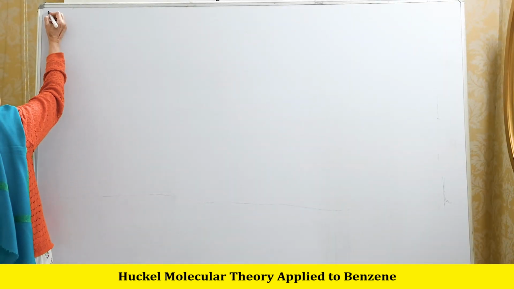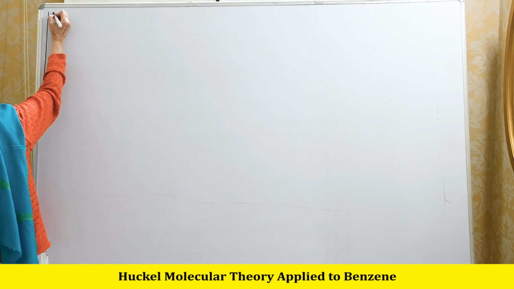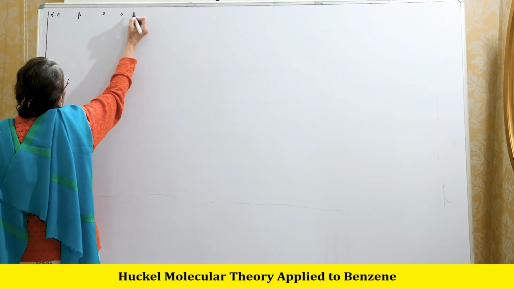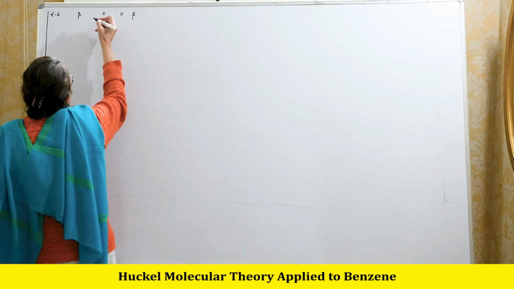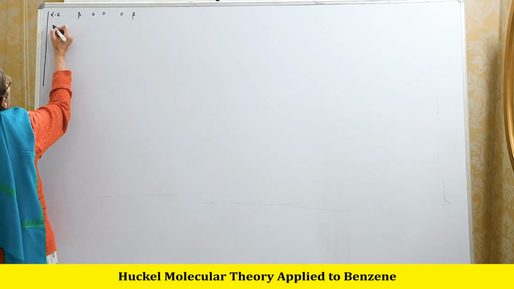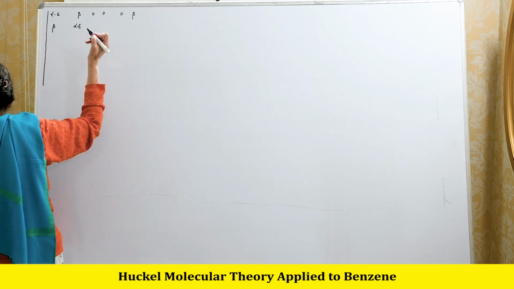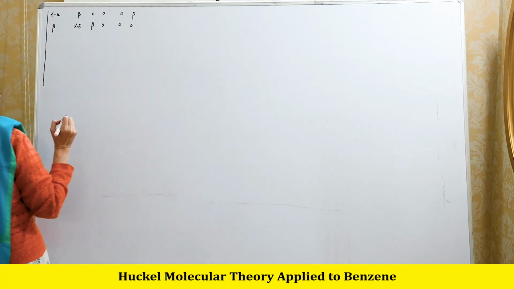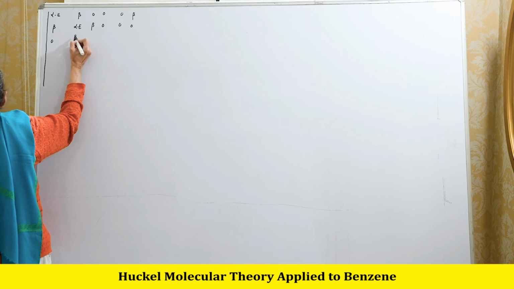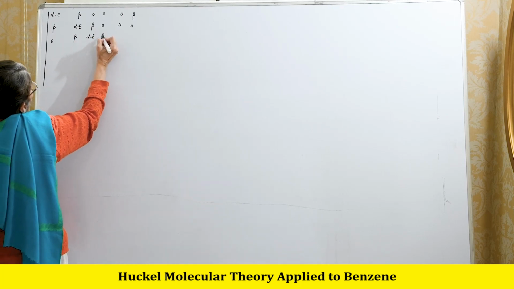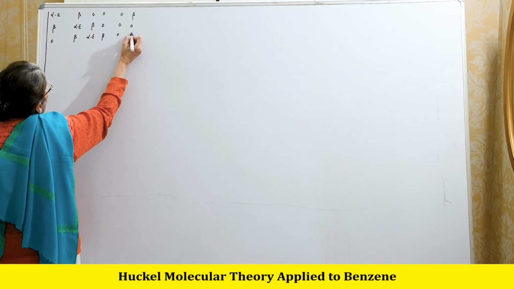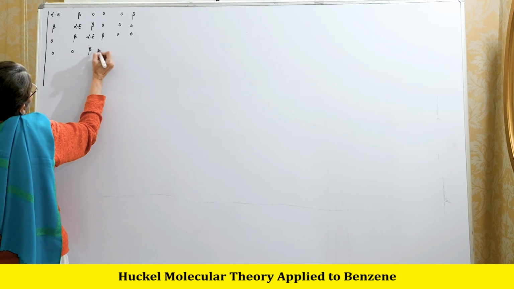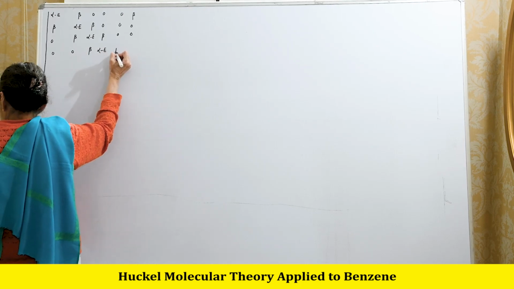So the determinant which we got was: alpha minus E, beta, 0, 0, 0, beta in the first row. The second row is beta, alpha minus E, beta, 0, 0, 0. The third row is 0, beta, alpha minus E, beta, 0, 0. The fourth row is 0, 0, beta, alpha minus E, beta, 0. The fifth row is 0, 0, 0, beta, alpha minus E, beta.